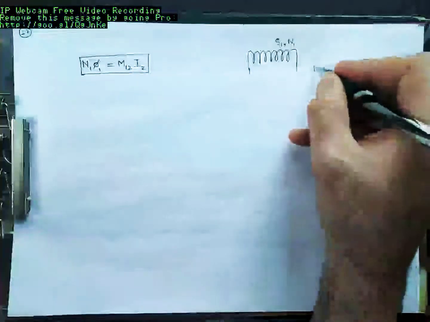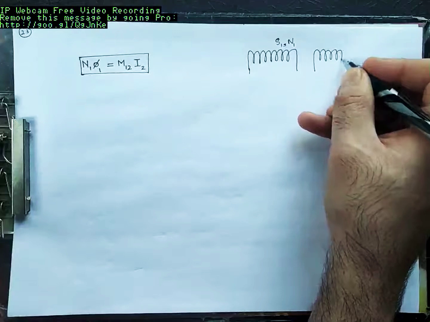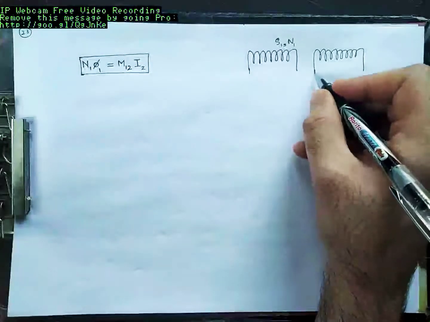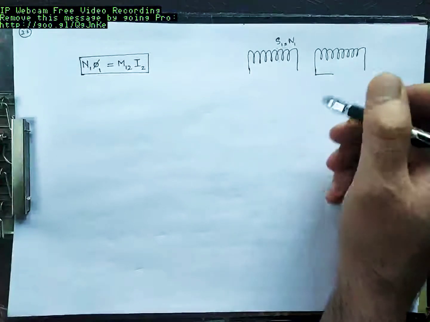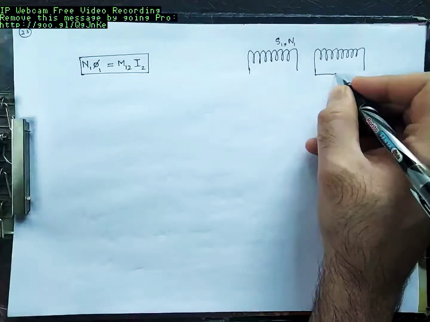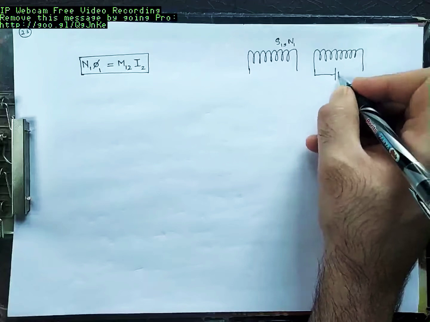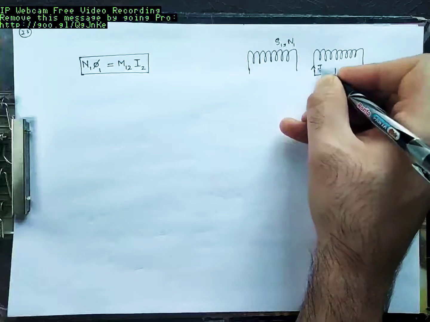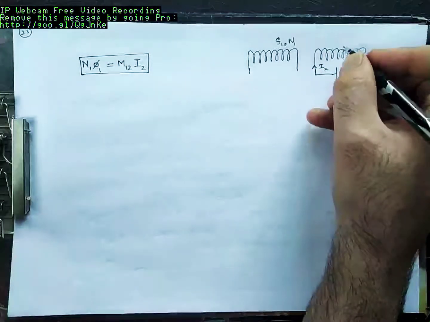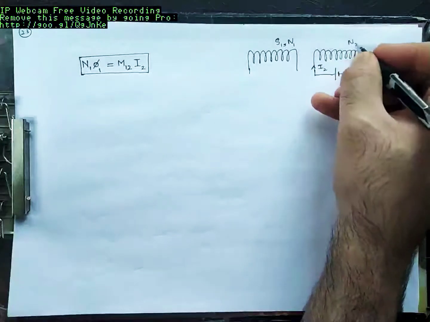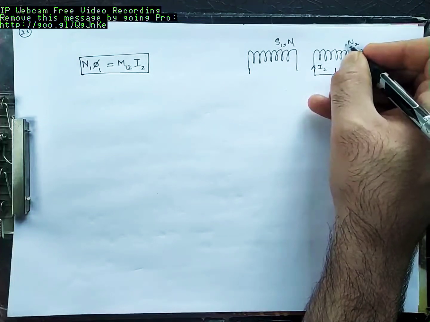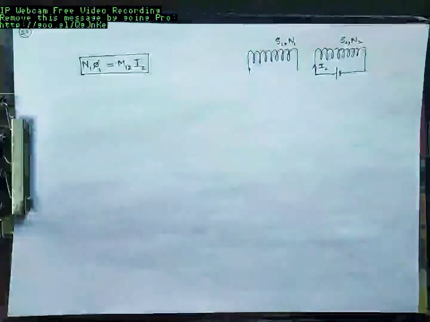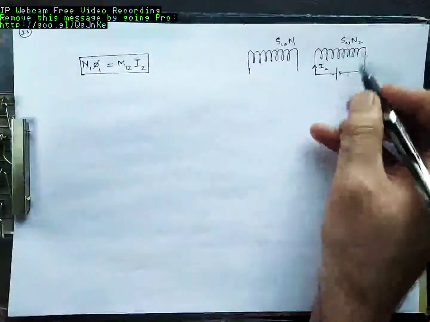And let's suppose we have another coil here, solenoid S2 with N2 number of turns. When you connect a voltage source here, a current I2 flows.